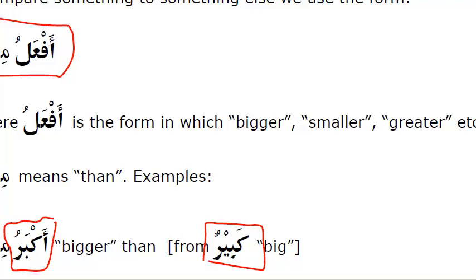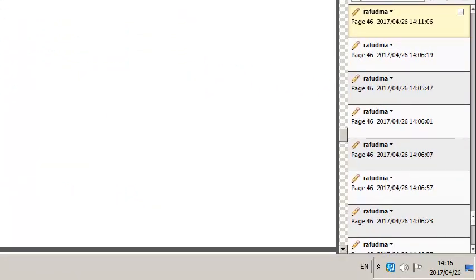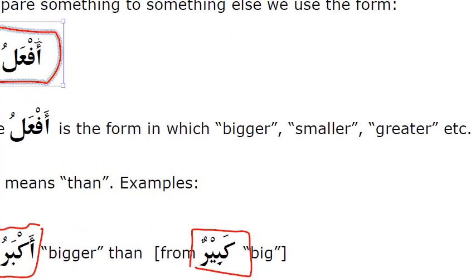And that's just a general guide. You don't really need to know that. So the alif here is just added. In other words, the fa, the ain and the lam refer to the root letters. So, for example, the fa would refer to the kaf, the ain would refer to the ba, the lam would refer to the ra.